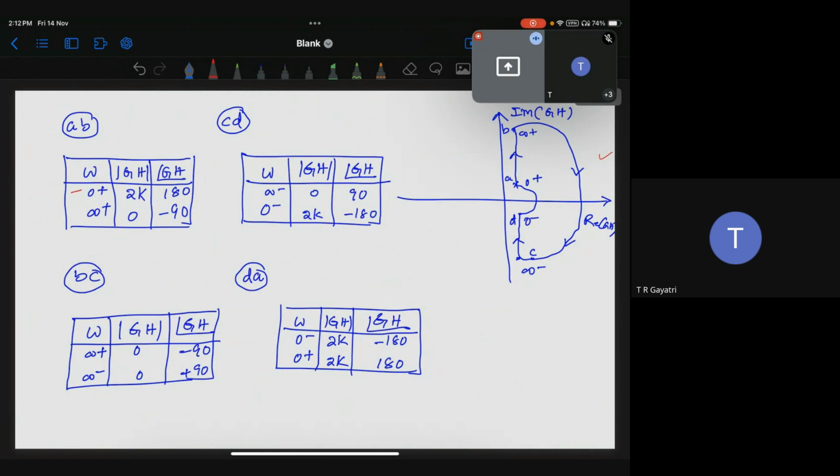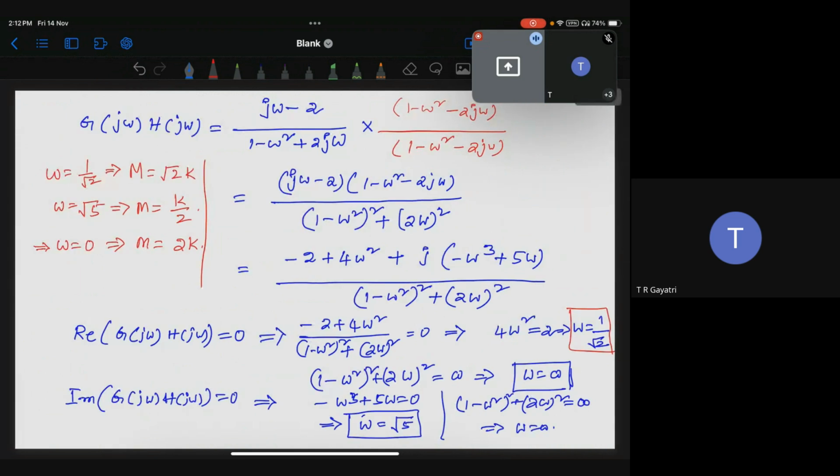Now we have these four tables, A, B, C, D, and we have these expressions. Using these, we need to draw the Nyquist plot.